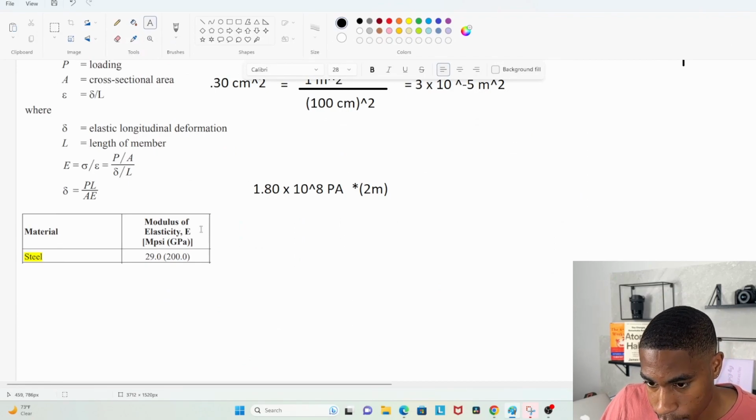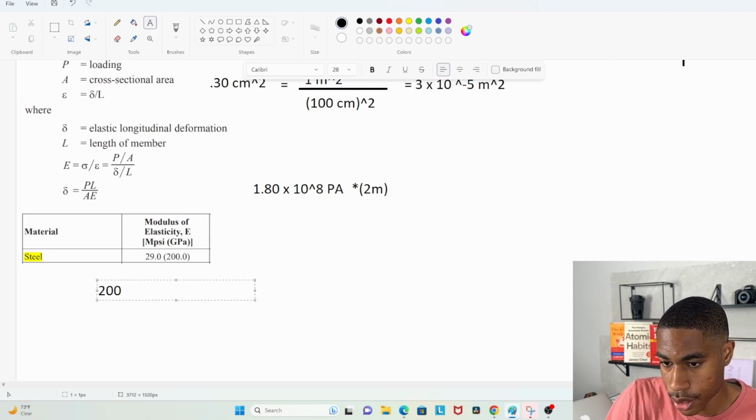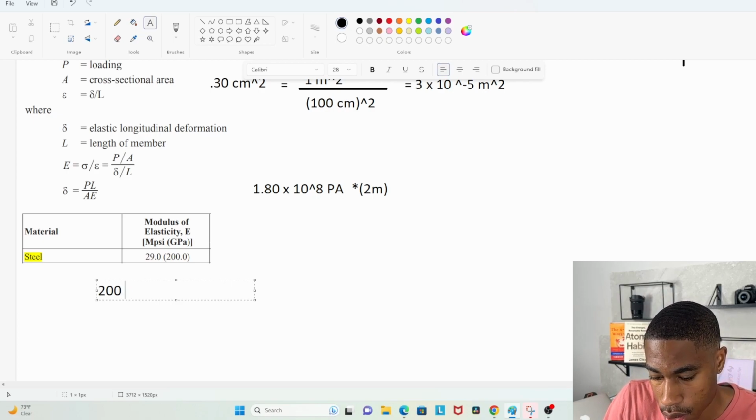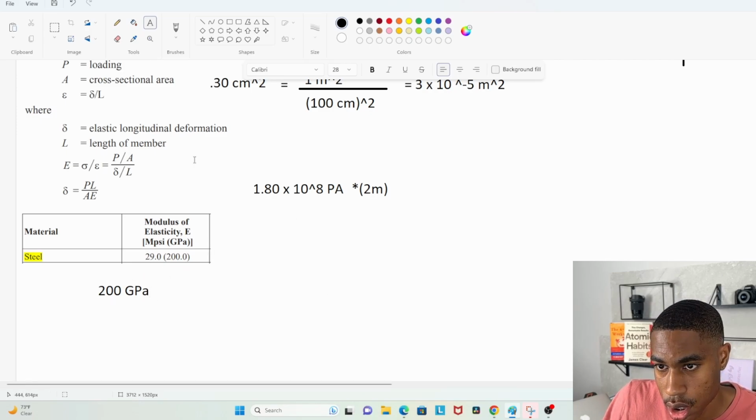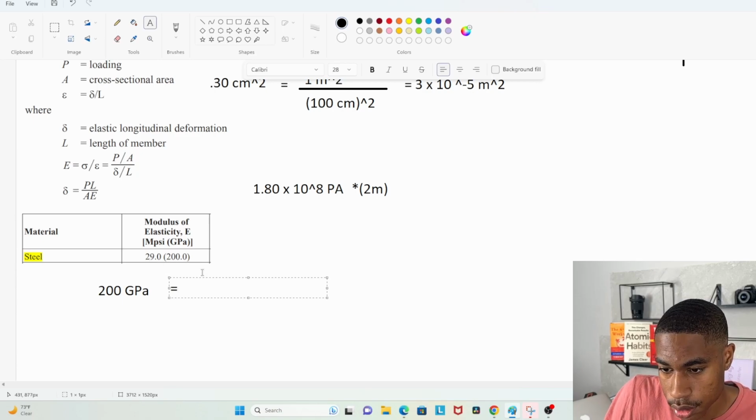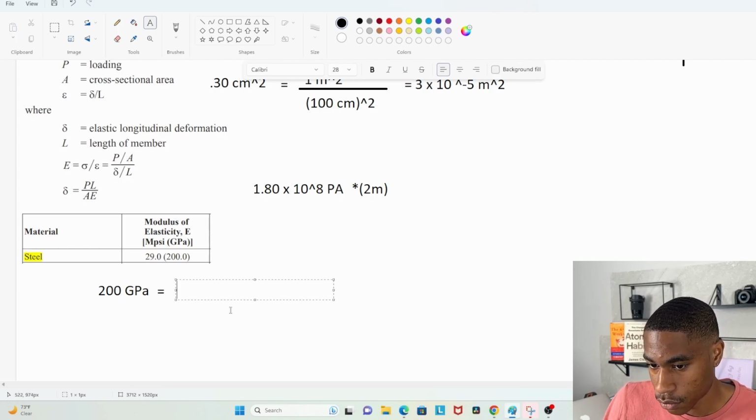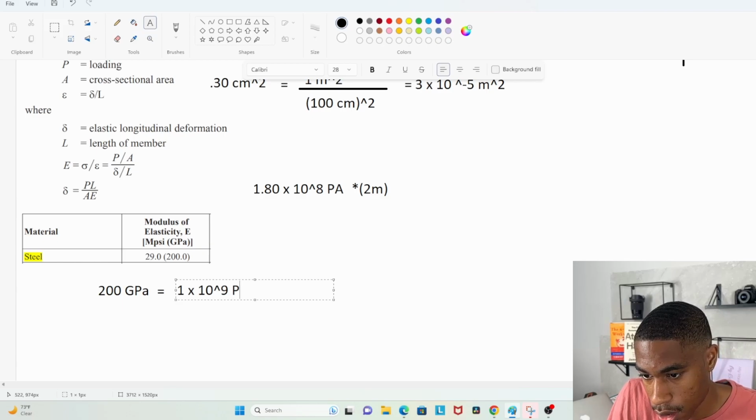All right. So let's just do some simple math here. 200 GPa, and I need it equals 1 times 10 to the 9 Pa.